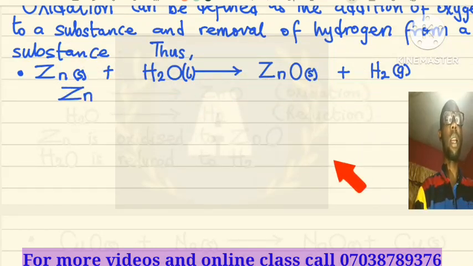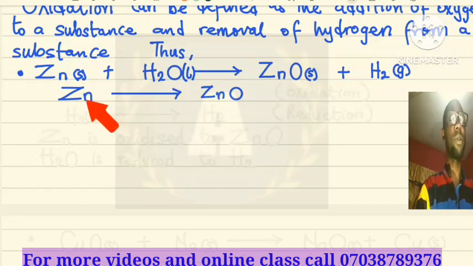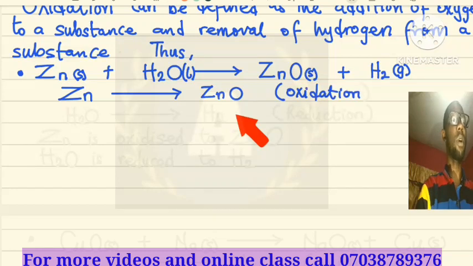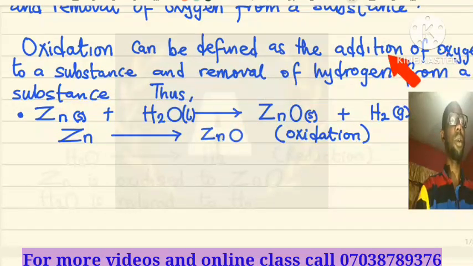Zinc, when it reacts to yield zinc oxide, has had oxygen added to it and forms zinc oxide. What happened there is oxidation, because we said oxidation is the addition of oxygen to a substance. We have added oxygen to zinc, and it has become zinc oxide at the product side.